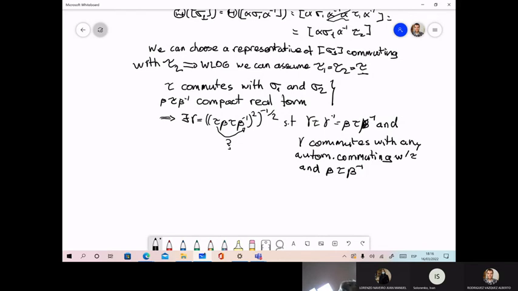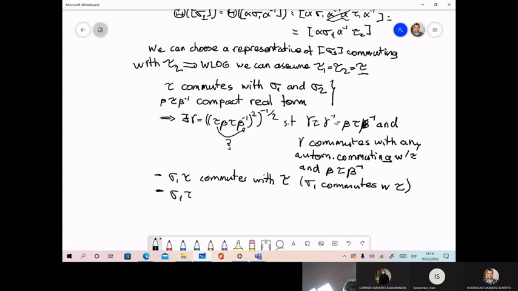Okay, so now consider sigma 1 tau. We know that this commutes with tau, because sigma 1 commutes with tau, and tau commutes with tau, and it also commutes with beta tau beta minus 1.